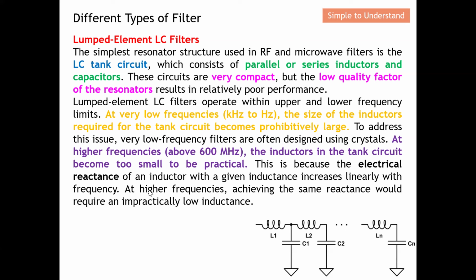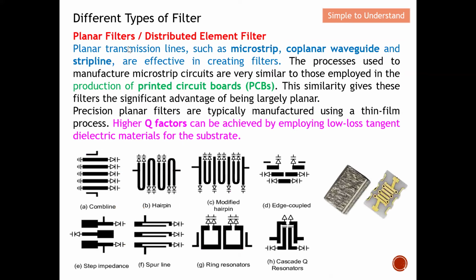Hence, at high frequency, achieving the same reactance will require an impractically low inductor value. So from here you can see the issue of the LC filter: the frequency can only work in a specific band, not too low and not too high, because of the inductor value.